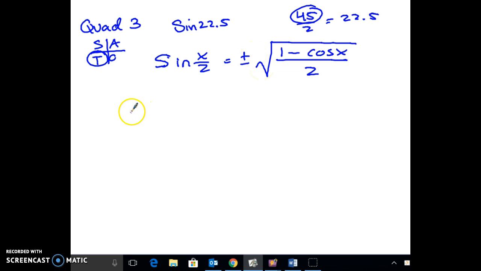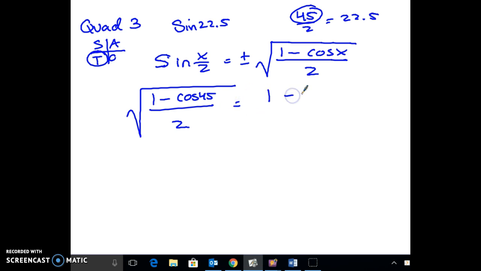So I'm just going to plug in 45 everywhere that I see an x, and so cosine of 45 is radical 2 over 2. Again, you're going to turn this 1 into a 2 over 2 to get a least common denominator.